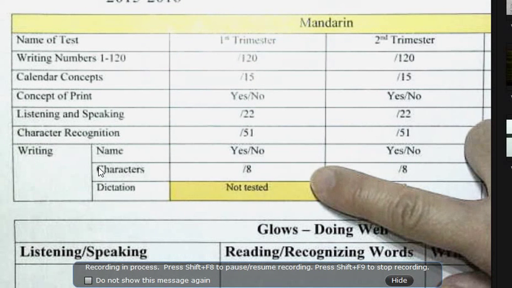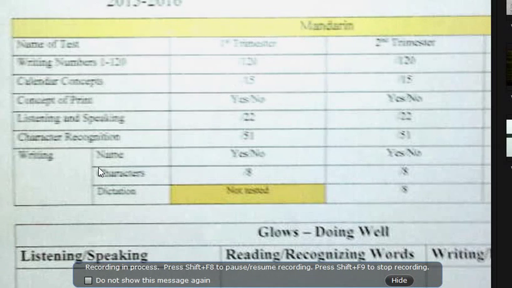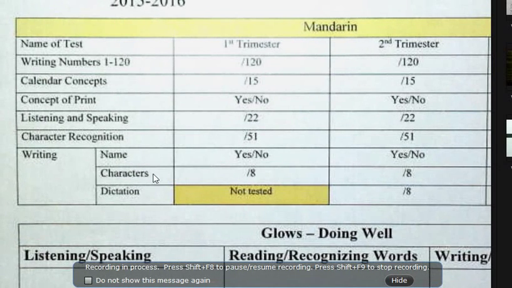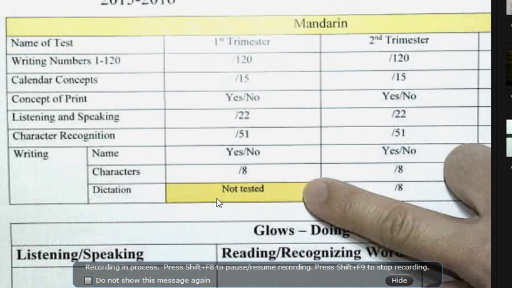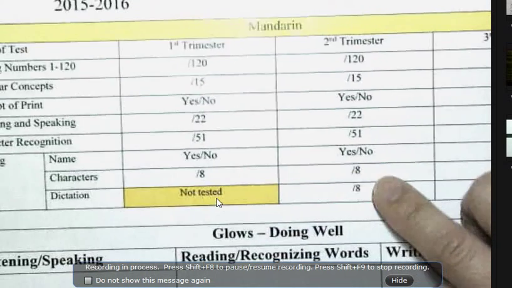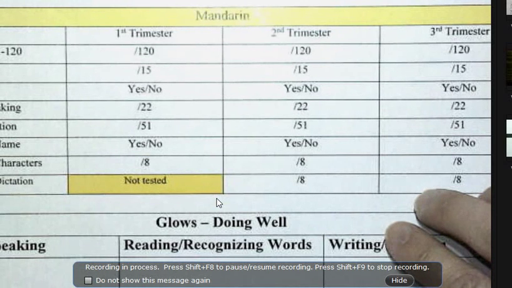There's 8 words I dictate to them, and basically they just write that from memory. And you'll see that. Dictation. This is actually a sentence. It's not tested during the first trimester, but they will surely see it in second and third. I dictate a sentence, and they have to write the whole sentence out.